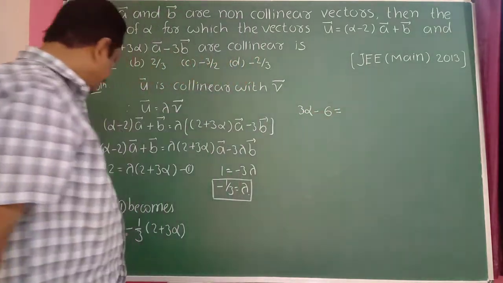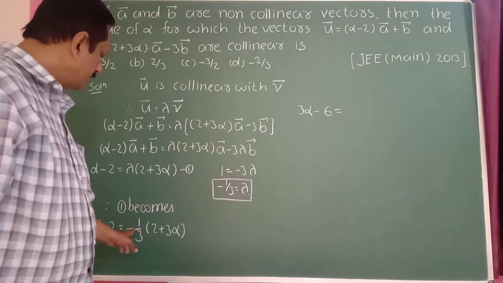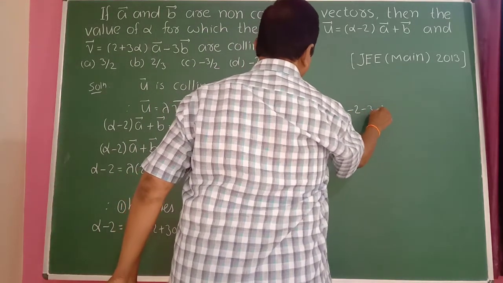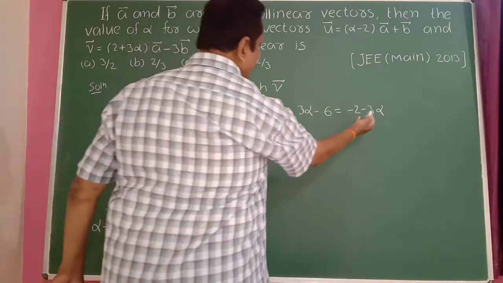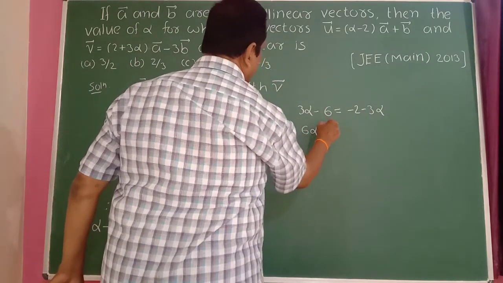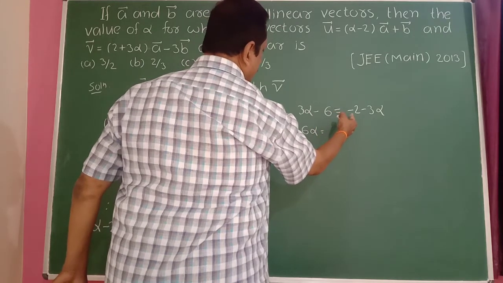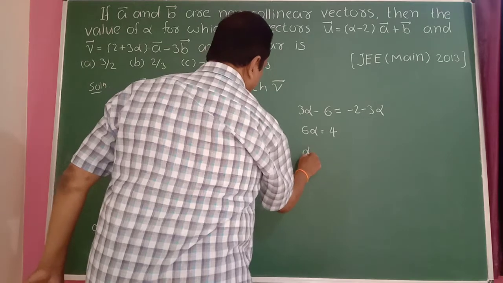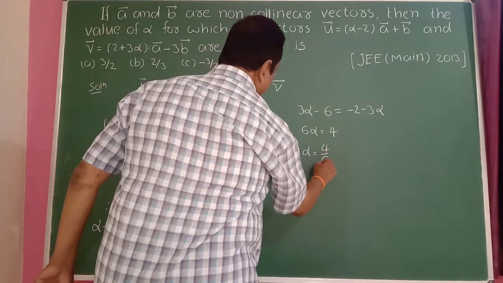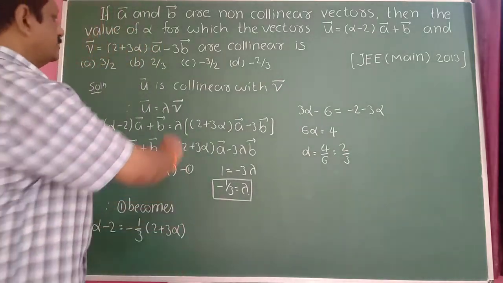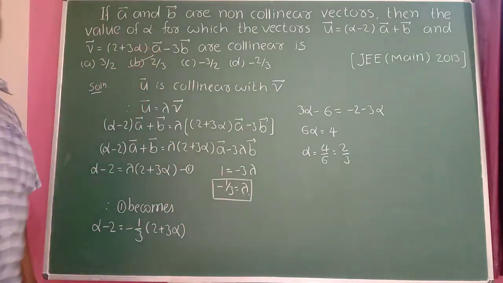That is equal to, take minus inside, minus 2 minus 3 alpha. Take minus 3 alpha this side: 3 alpha plus 3 alpha is 6 alpha. Take minus 6 to the right hand side, so plus 6 minus 2 becomes plus 4. Therefore alpha is equal to 4 by 6. So obviously it is 2 upon 3. So B is the answer, 2 upon 3.